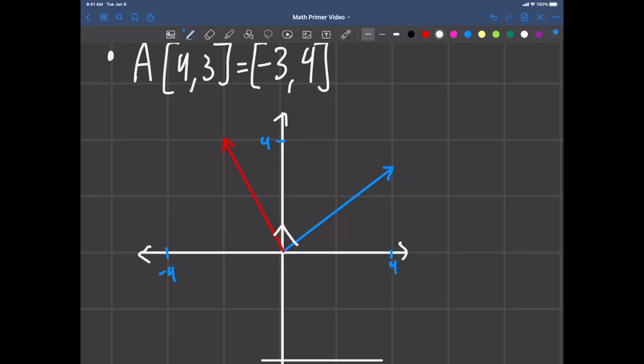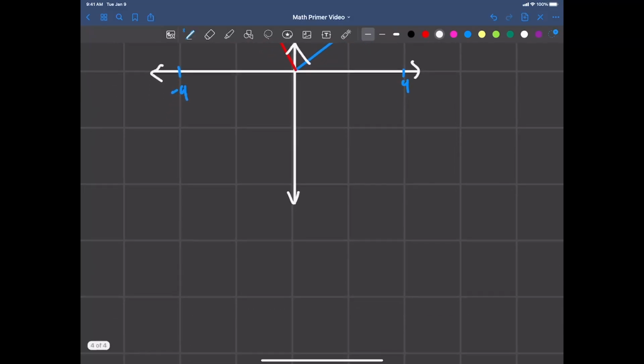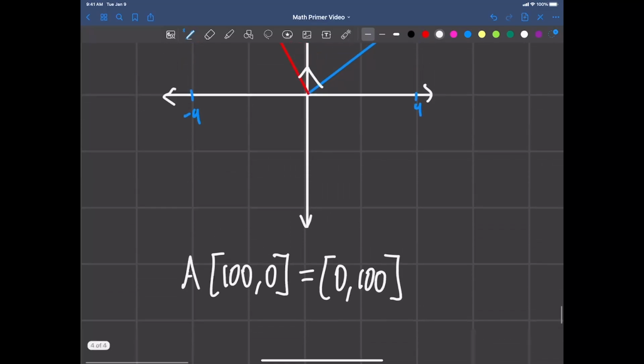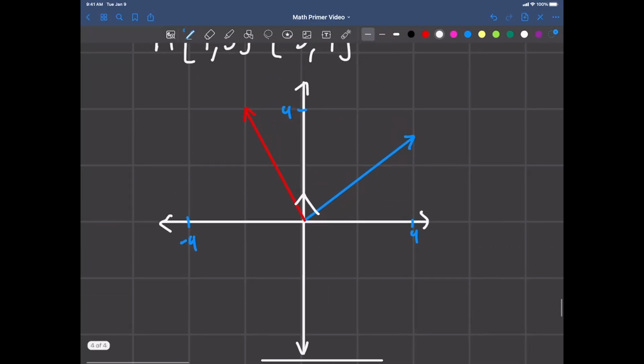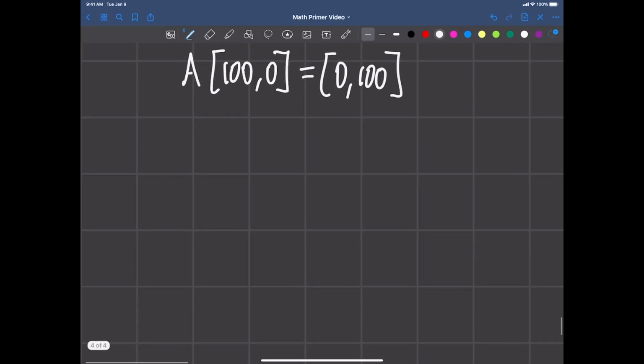This is a 90-degree angle. What about A times 100, 0? It transforms to 0, 100, which is a 90-degree rotation counterclockwise, just like this rotation. A is a rotation matrix. This is not a coincidence.